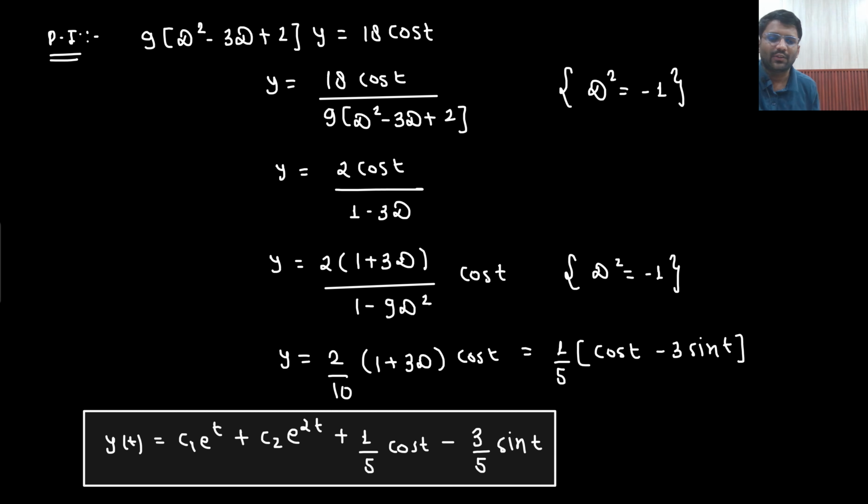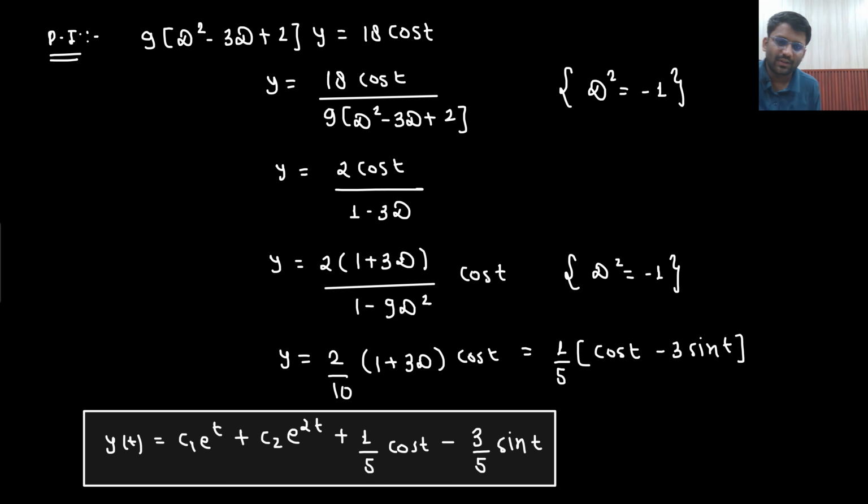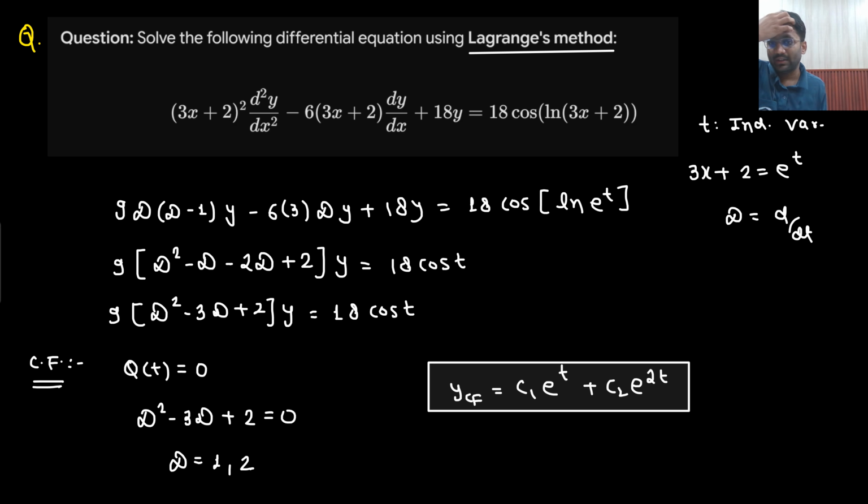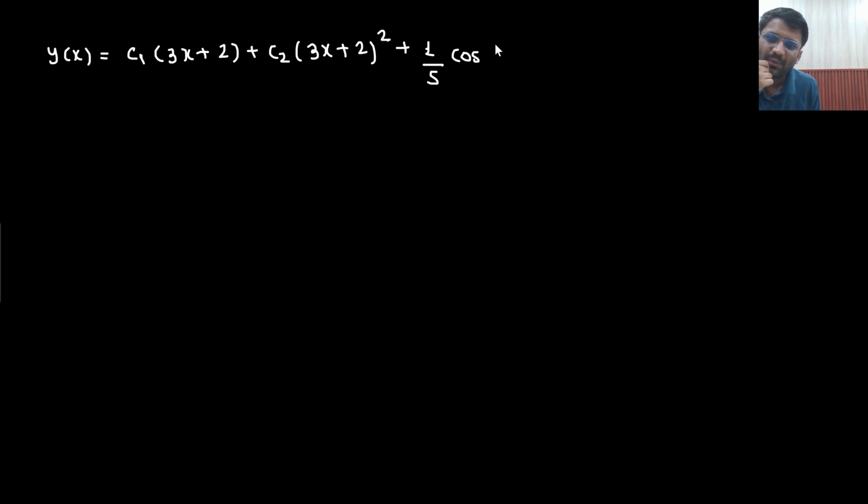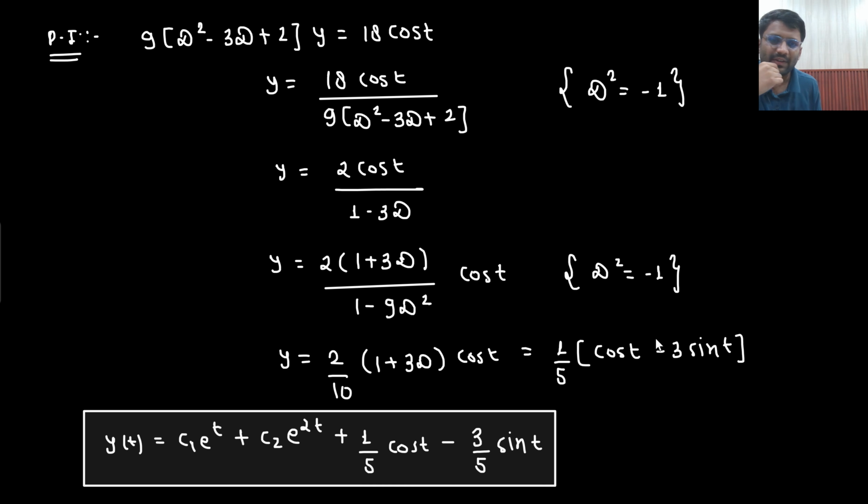Now y as a function of x we are supposed to put. So what will be e to the power t? e to the power t will be 3x plus 2. So y equals C1 times (3x plus 2), plus C2 times (3x plus 2) whole square, plus 1 by 5 cos of, what is the value of t?